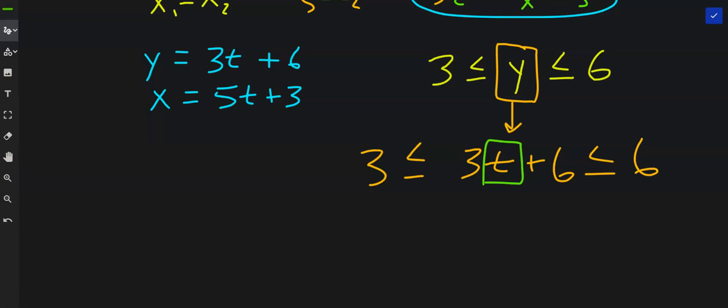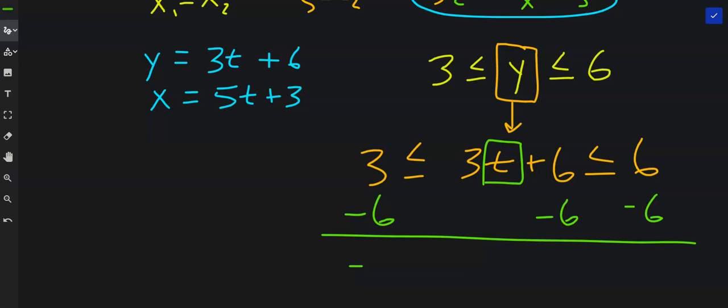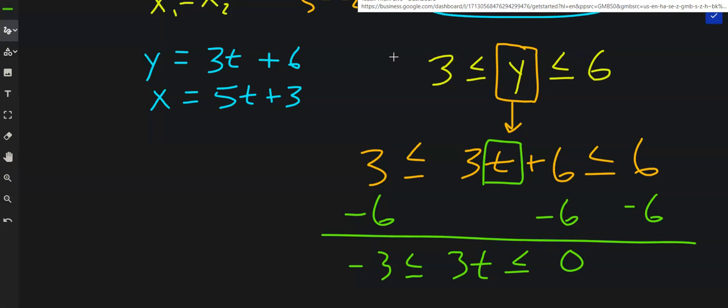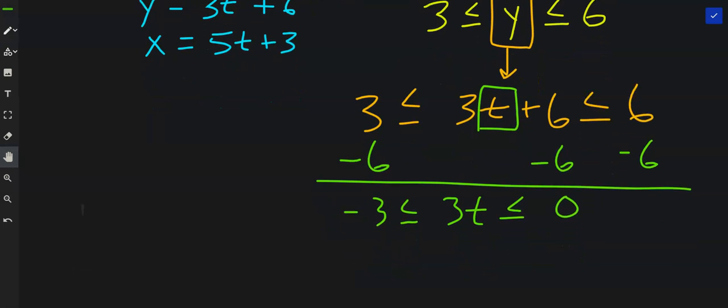Are you passing or playing? She's passing. It's Pazuski. Subtract 6. There we go. Subtract 6, subtract 6, subtract 6. Gives me negative 3 less than or equal to 3t, which is less than or equal to 0. Thank you, Mr. Vermont, as well. Next.